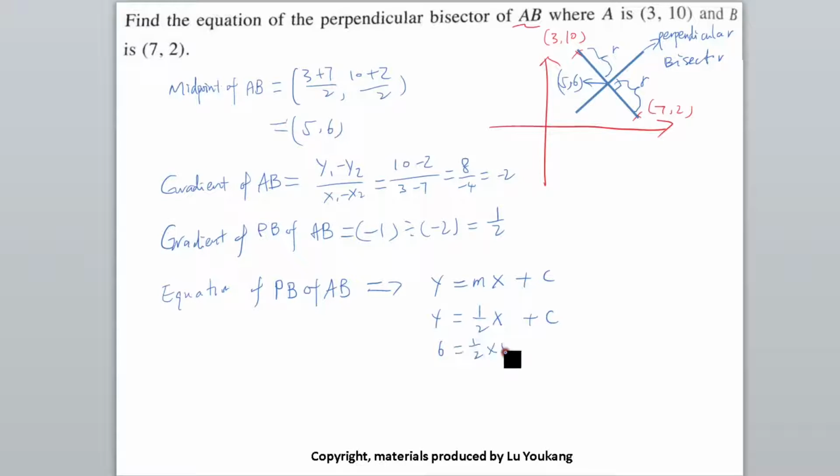So we sub in the midpoint of AB into this equation, therefore I get c equals to 3.5. Therefore the equation of PB of AB is y equals to half x plus 3.5.